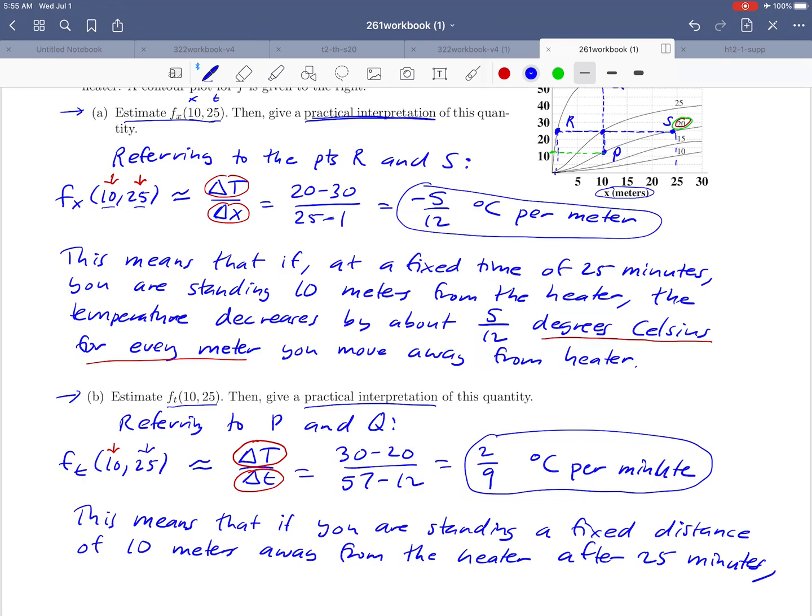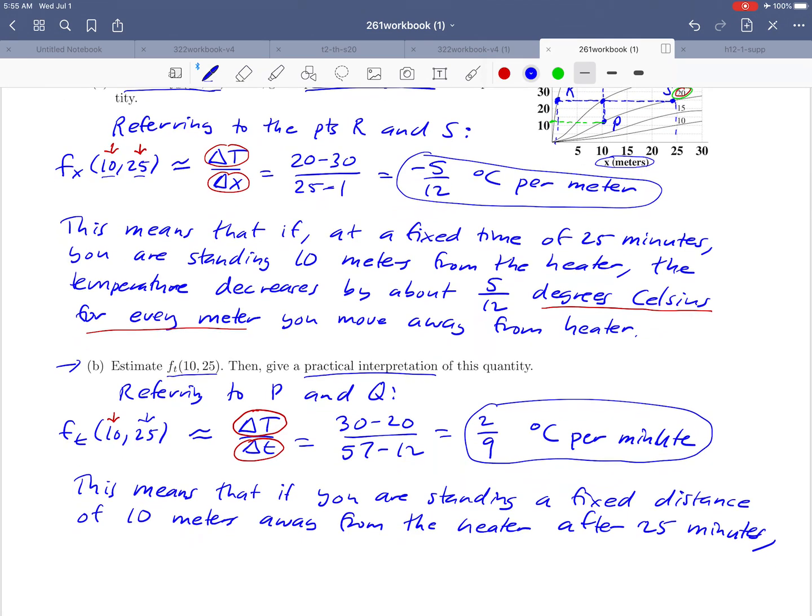Okay, there's the setup. And now we want to explain what the actual rate of change at this particular location is talking about. Okay, so we're getting a rate of change of 2/9 of a degree Celsius per minute. And that's describing a rate of temperature increase.